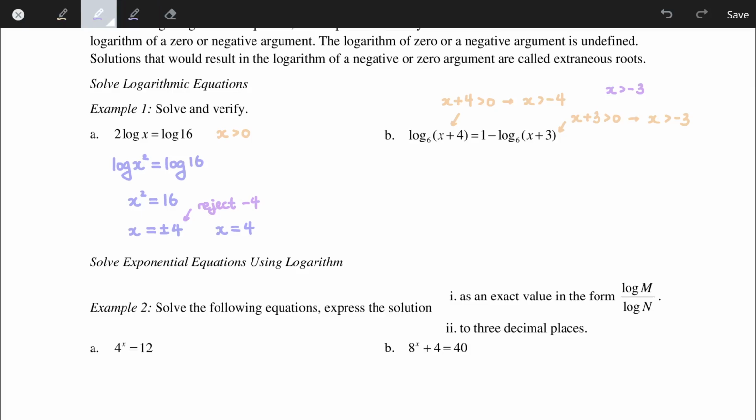Okay. Next, we can now consider the equation itself. So first thing we can do is to move log base 6 of x plus 3 to the left-hand side of the equation. So we have log base 6 of x plus 4 plus log base 6 of x plus 3, and that's going to be equal to 1 on the right-hand side.